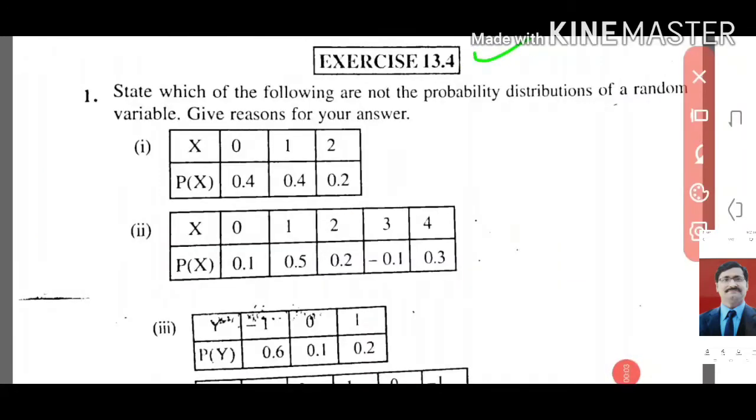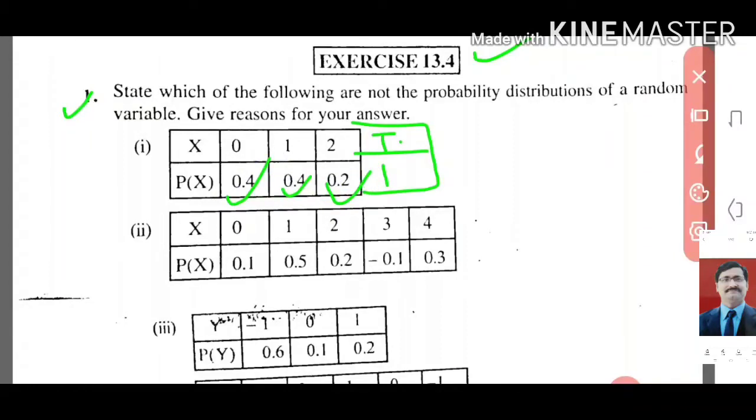Exercise 13.4. Question number one: state which of the following are not the probability distribution of a random variable. Give reason for your answer. Look here, this first question you have to check. You will do the total, and you get 1 here, and each probability is greater than 0.